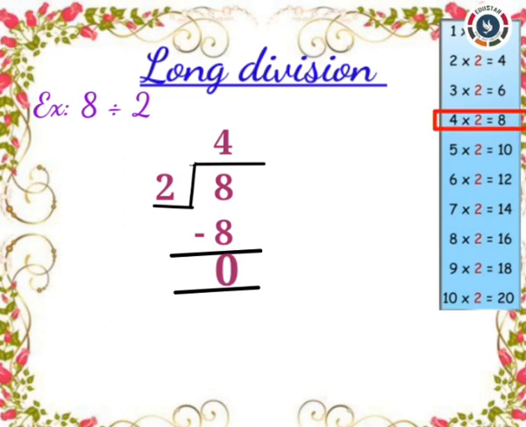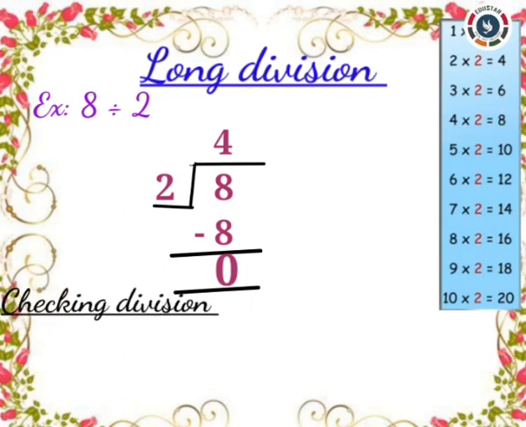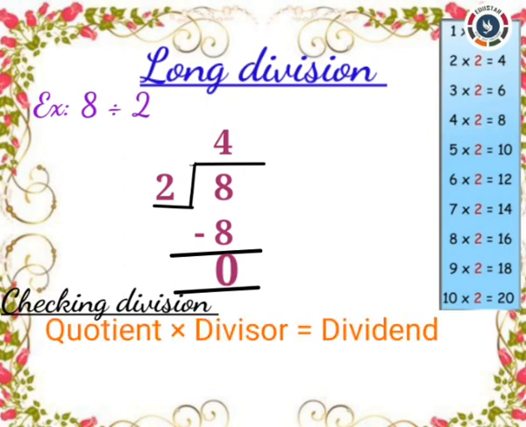Here only one digit dividend is there, so we did this division easily. Now check the answer. Quotient into divisor is equal to dividend. 4 into 2 is equal to 8. 4 2's are 8. 8 equal to 8. So our answer is correct.